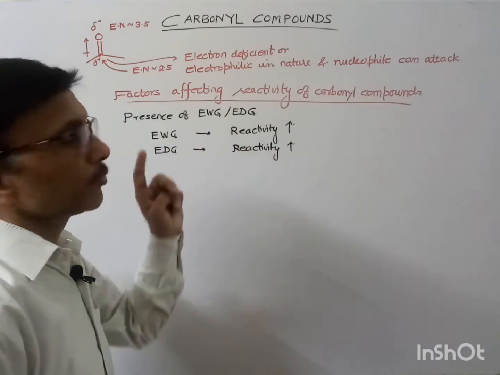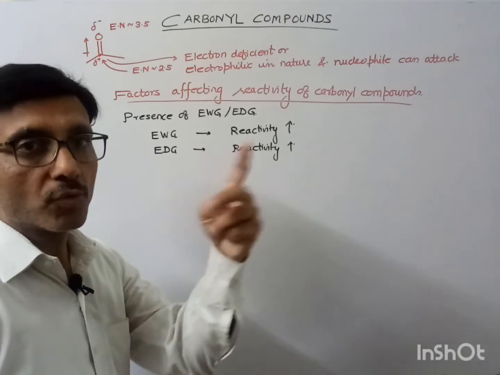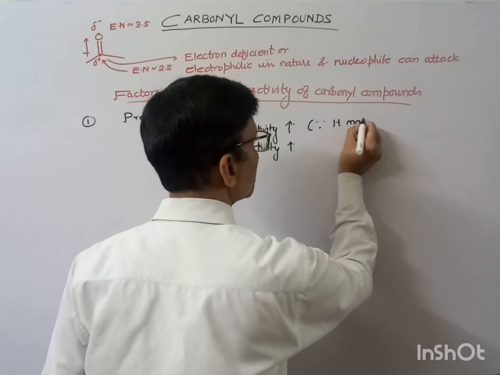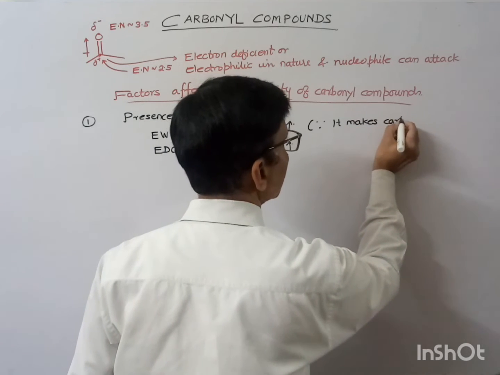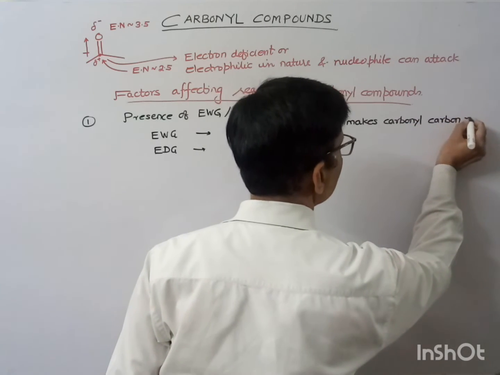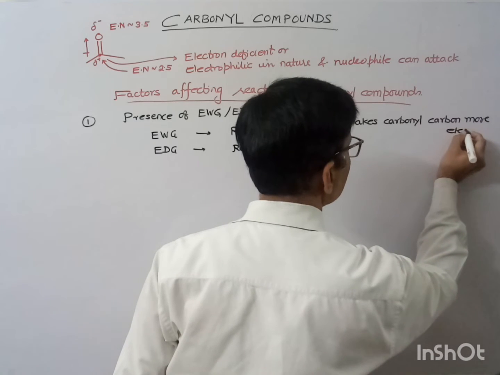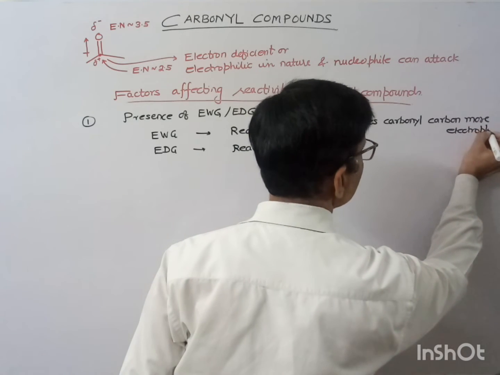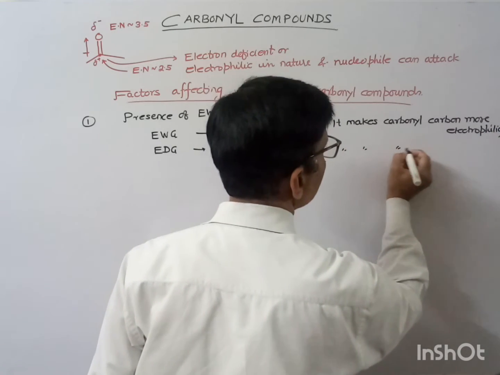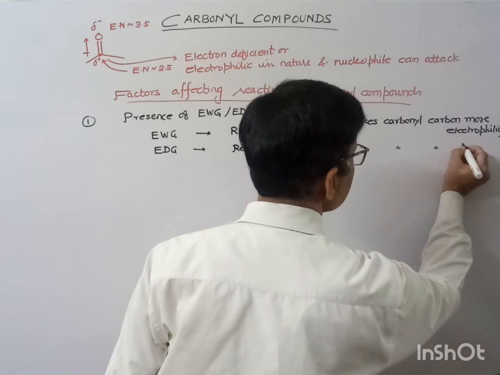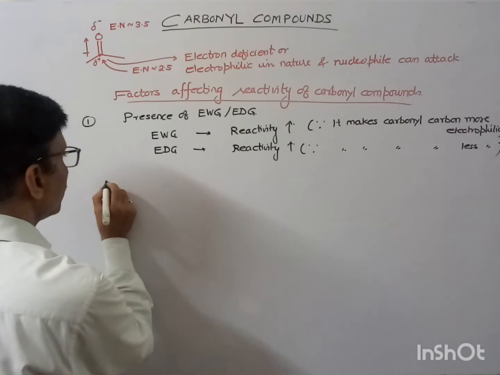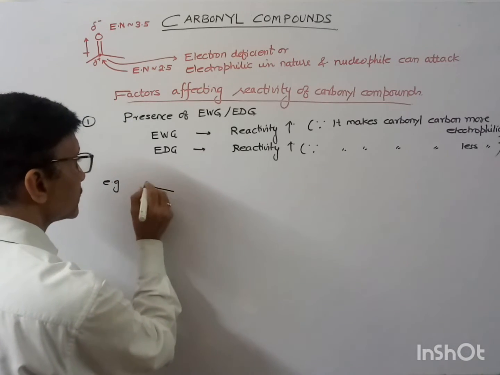Because the electron withdrawing group makes the carbonyl carbon more electrophilic or electron deficient, whereas the electron donating group makes the carbonyl carbon less electrophilic. Simple one.